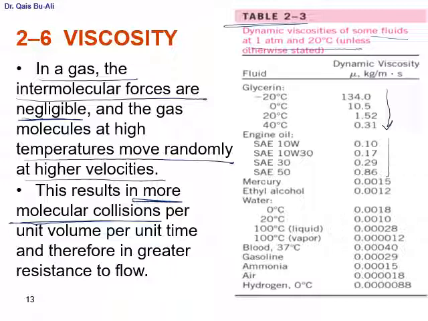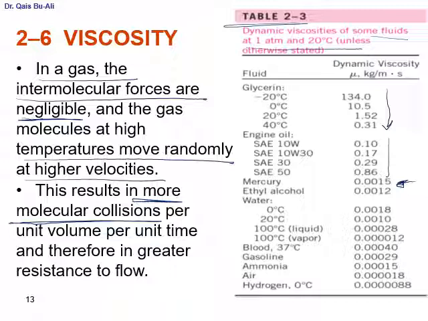The viscosity of mercury is 0.0015, and this is kilogram per meter second, which is the same as Pascal second. So what is the viscosity of mercury compared to the viscosity of water? I will keep this for you also to think about.